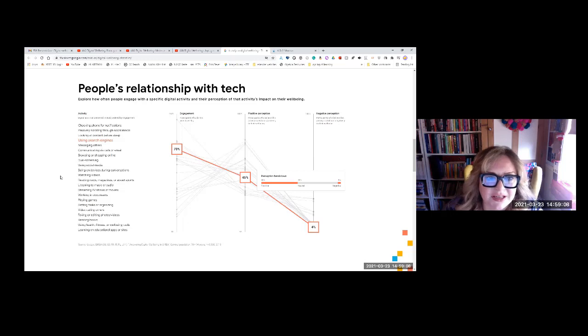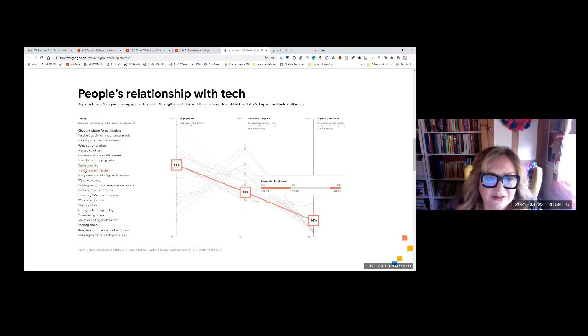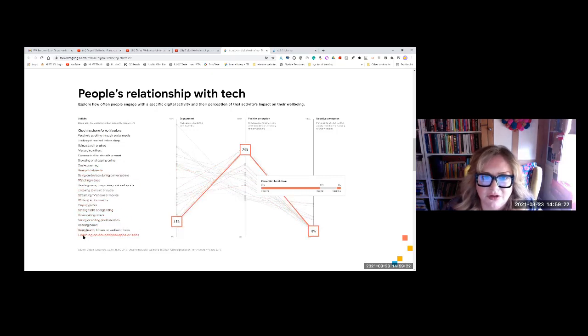Where's the social media? Using social media, high engagement, lower positive perception. As compared to, what's this one right down at the bottom on the engagement? Learning on educational apps or sites. Lowest engagement, I think it's the highest positive perception.